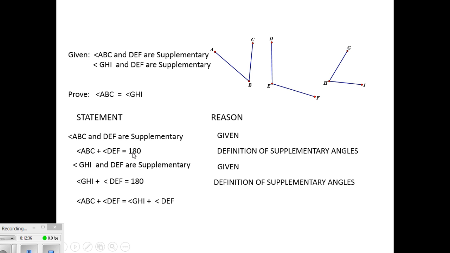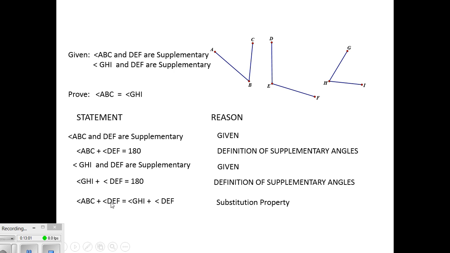If ABC plus DEF is 180 and GHI plus DEF is 180, then they are equal to each other. That's a substitution, okay? Some might say it's a transitive. I won't argue with that, because if this cluster is 180 and this cluster is 180, then they're both equal to 180. Then they're both equal to each other.